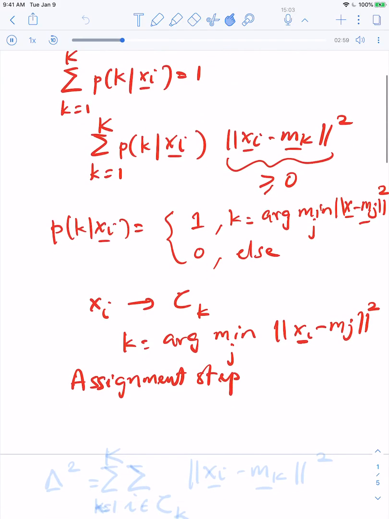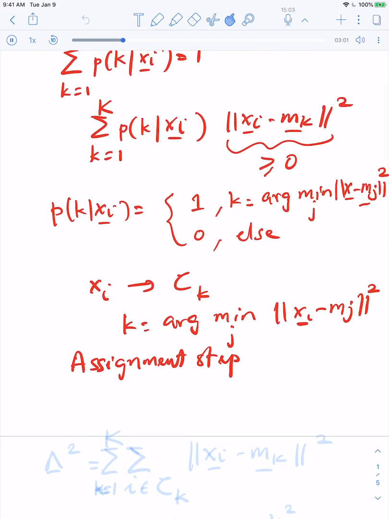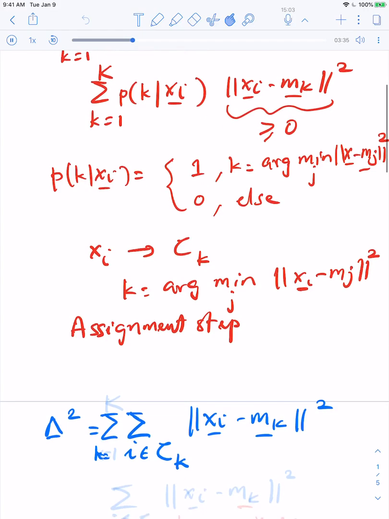So now that we know we will go to exactly one cluster, we can write down the cost function more simply. The cost function becomes delta squared is the sum over i in ck of xi minus mk squared, and of course summed over the clusters.